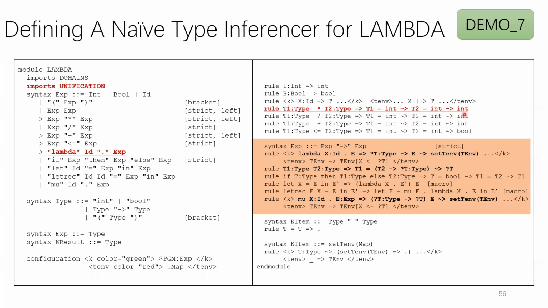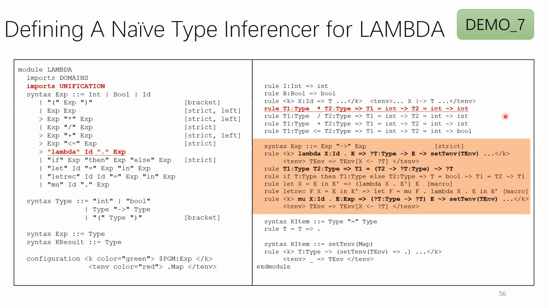It means that we'll add the constraint T1 equals int to the internal unifier, and T2 equals int to the internal unifier. And if there is a solution, then we know the result is int, because it's an arithmetic operation. The type of it is int.